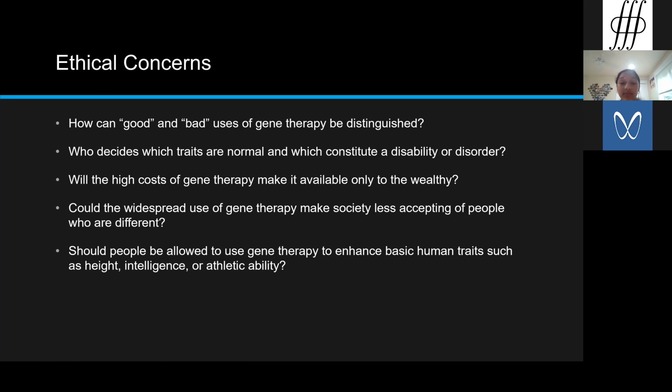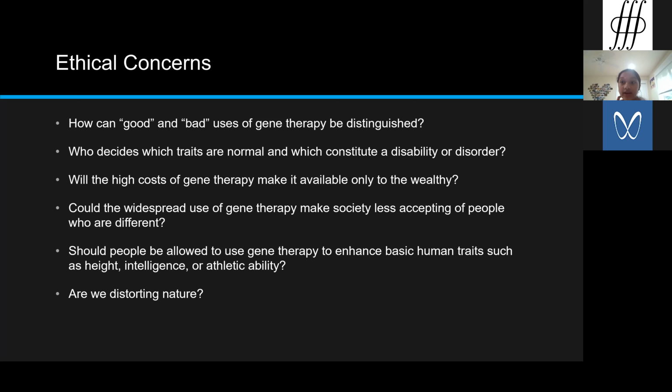Also, should people be allowed to use gene therapy to enhance basic human traits such as height, intelligence, or athletic ability, right? So if people could easily change parts of themselves that they didn't like, wouldn't everyone basically be the same, right? Because there would be no uniqueness. Everyone's going to have the same abilities. Everyone might end up looking the same.